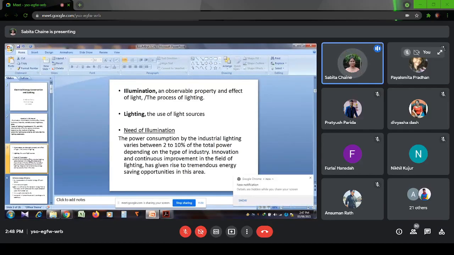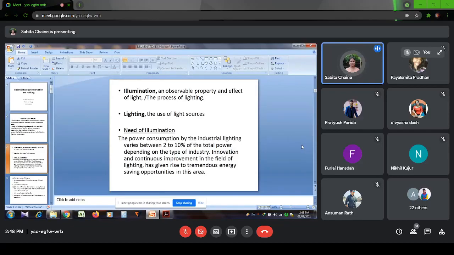Then what is the need of illumination? Generally, in any type of industry, the energy bill for lighting is at most 10% of the total power, depending only on the lighting.